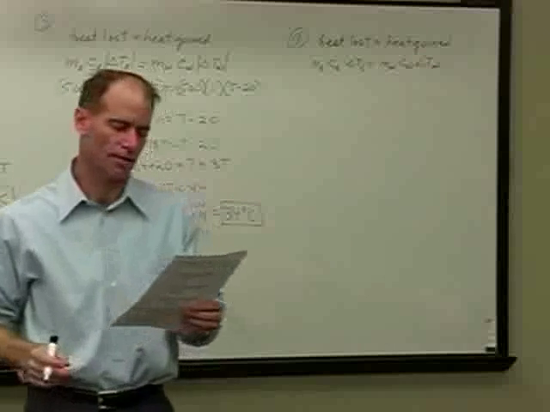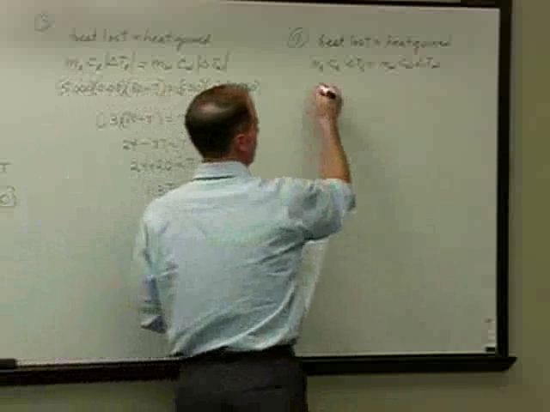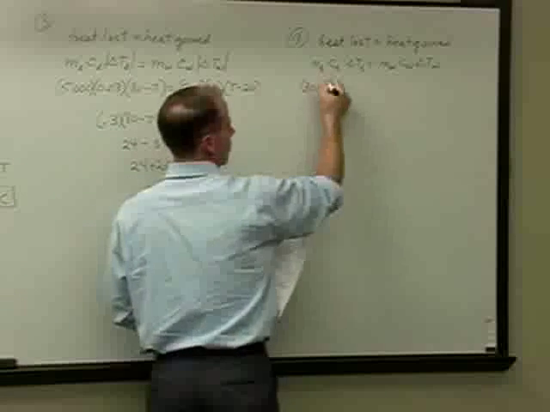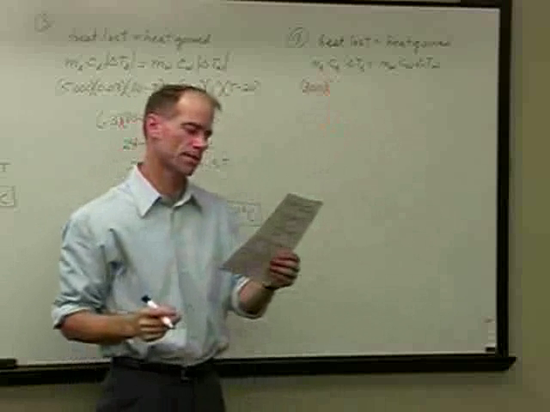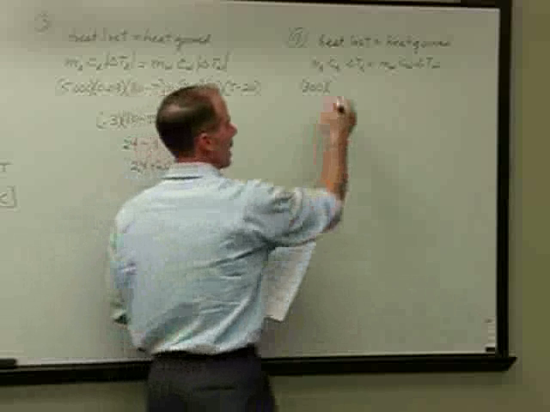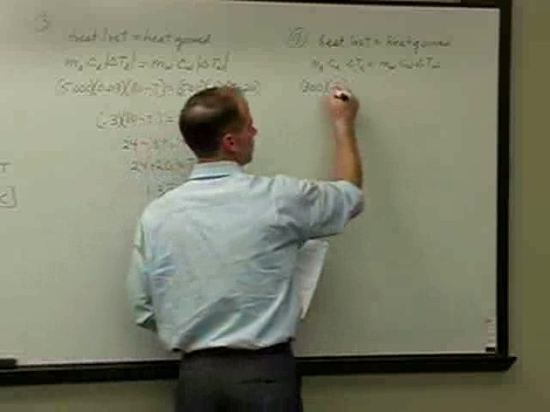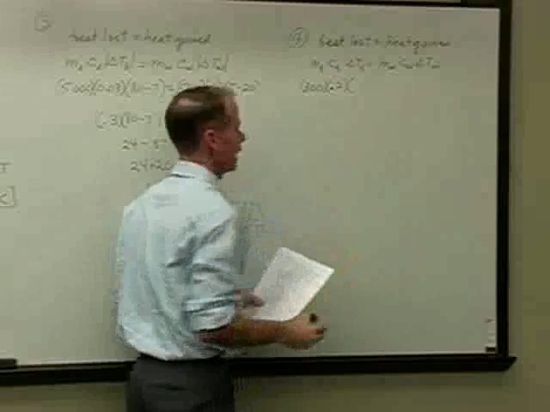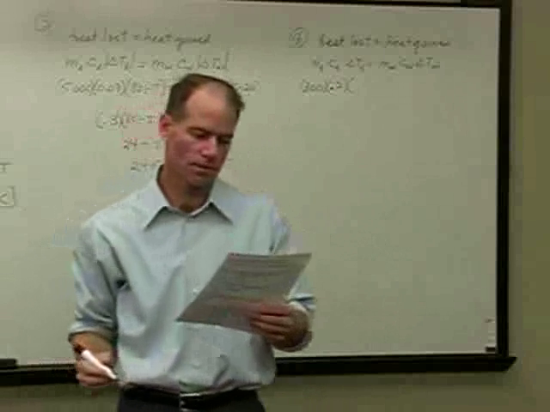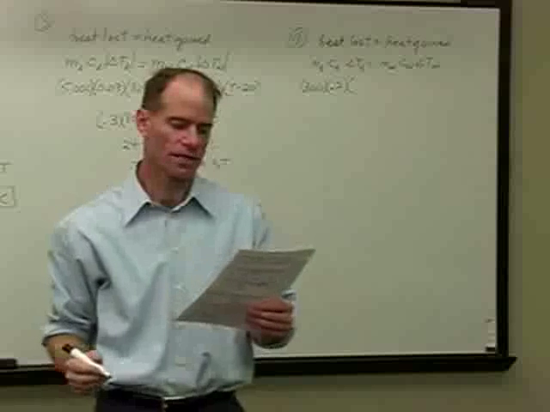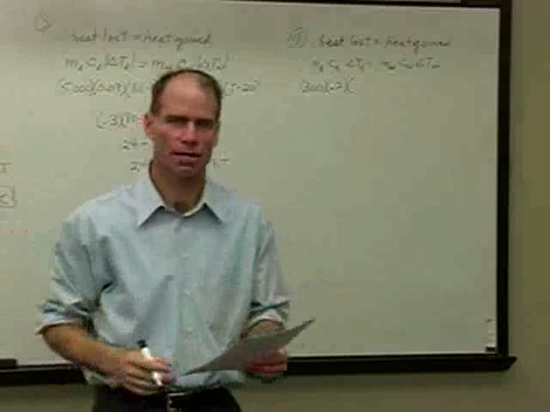And so we have 300 grams for the thermometer. We're told that the specific heat of the thermometer was 0.2 calories per gram per degree Celsius. And our change in temperature, we're going to start with a temperature of 25 degrees Celsius, and then we're going to end up at some final temperature.